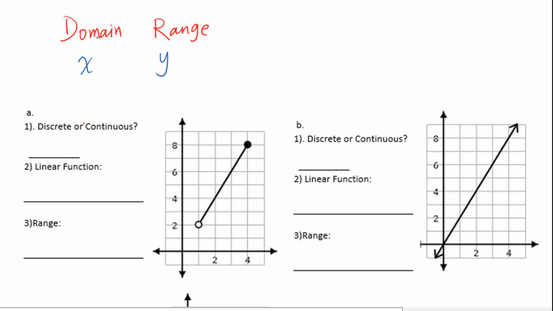Let's talk about domain and range. You can use alphabet order to remember: domain is X, range is Y, because D comes before R and X comes before Y. So domain is X value, range is Y value.